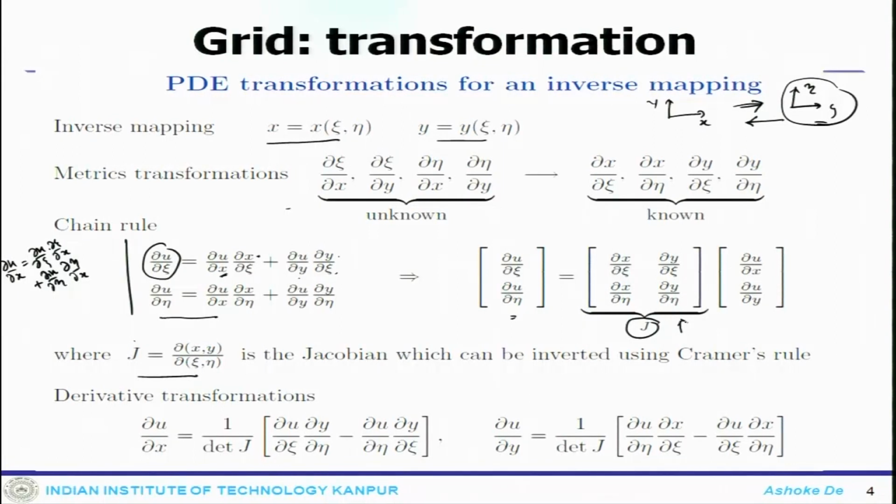If you look at this, this is the derivative in the transformed system and this is the derivative in my physical system, and you have a nice correlation through this Jacobian. Always you can go back from this side to this side and this side to this side. In one case it is multiplied with the Jacobian, in the other case it is the inverse of the Jacobian. For example, for del u by del x, the Jacobian comes here and you get this term, and for del u by del y, the Jacobian comes here and you get this term. So, it is a very nice correlation.